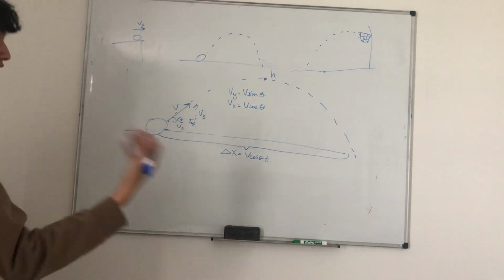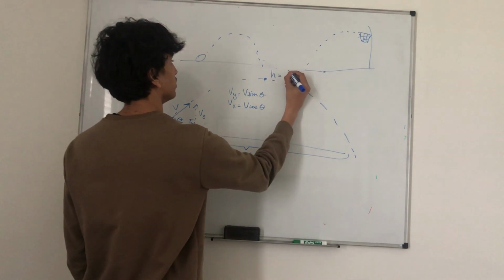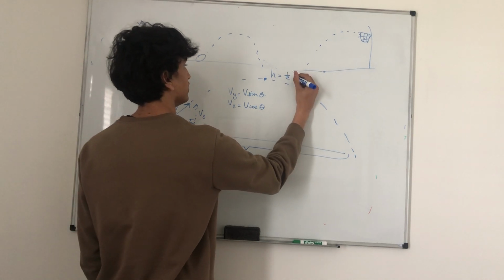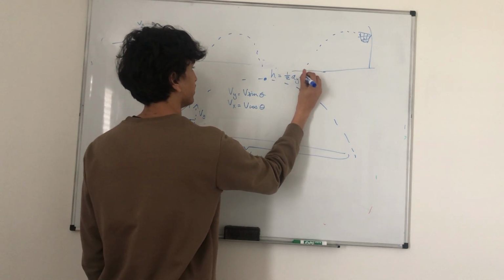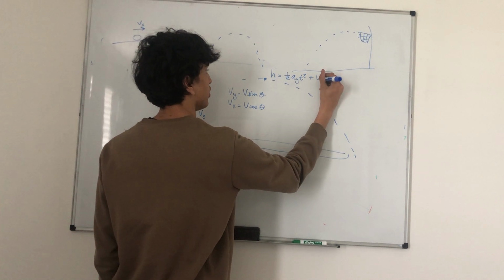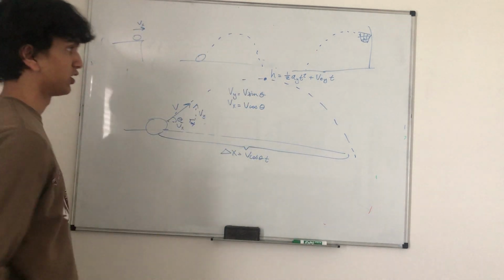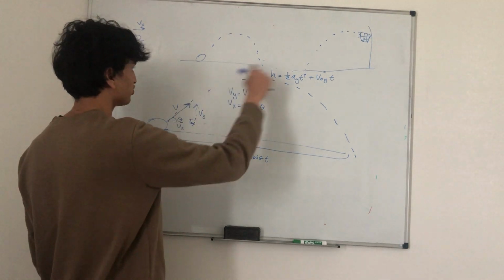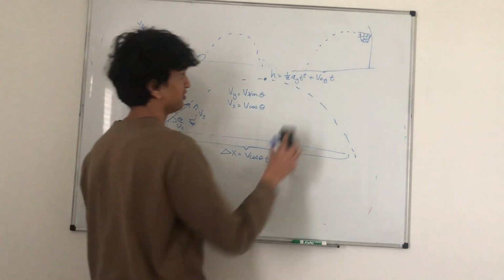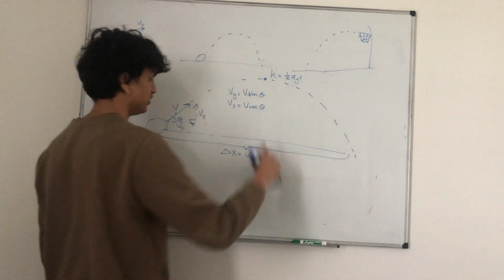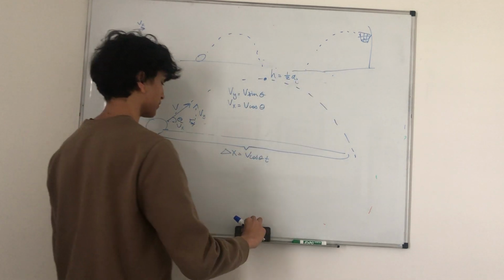And with the same sort of thinking, the max height is going to equal 1/2 a_y t squared plus V0y times time. This is actually wrong. If you're talking about time as in the whole time in the air, remember it's going to be half the time, because it's going to take half the time to reach the very top.